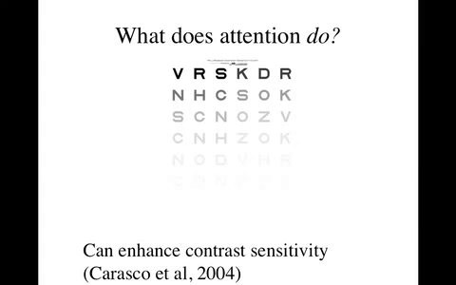What does attention do? We talked about some evidence that attention can actually enhance contrast sensitivity. Things actually look like they have higher contrast when you're paying attention to them than when you're not. Carrasco showed this in a controlled experimental environment, showing that the appearance of items that are being paid attention to actually has higher contrast. And higher contrast in this example is just the fact that as things go lower and lower, they're getting reduced contrast.